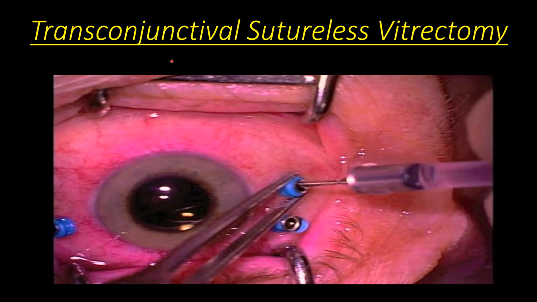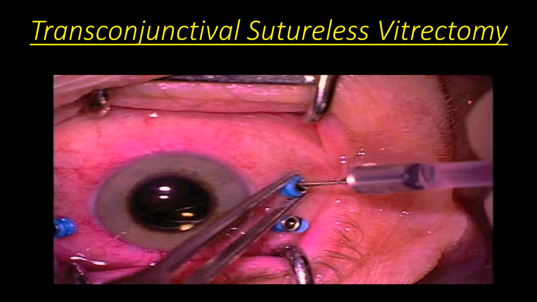Now coming to the transconjunctival sutureless vitrectomy. This is another advanced type of vitrectomy. It provides a less invasive procedure, because it goes through your conjunctiva, and there won't be any suture, so it is sutureless.